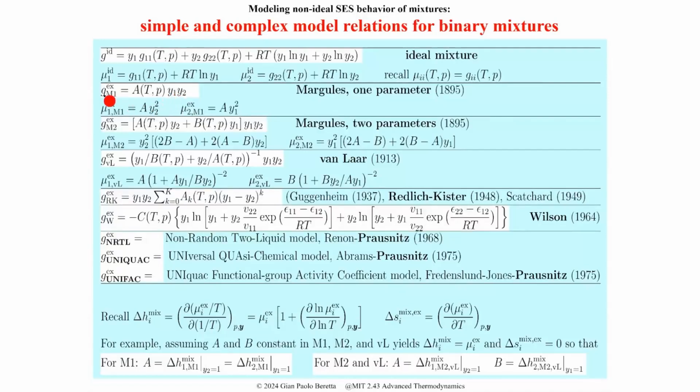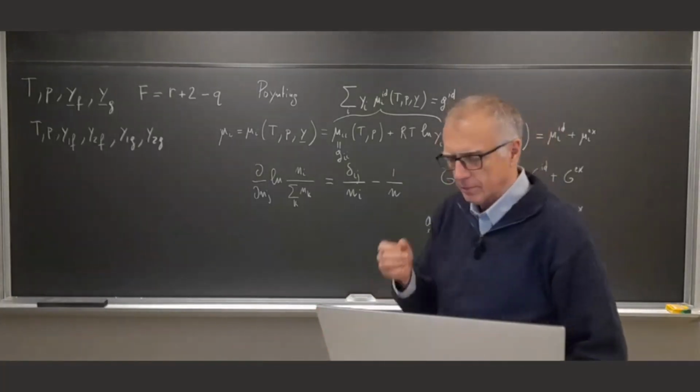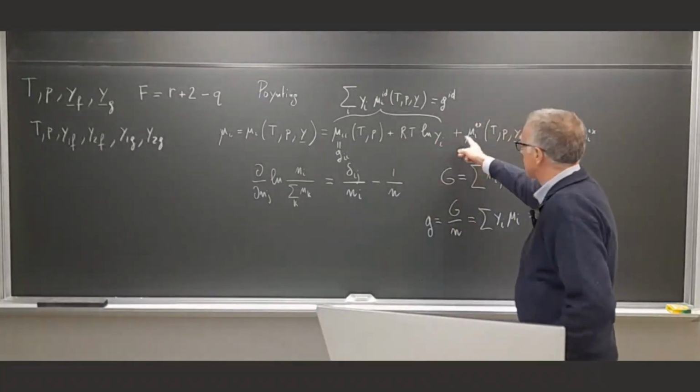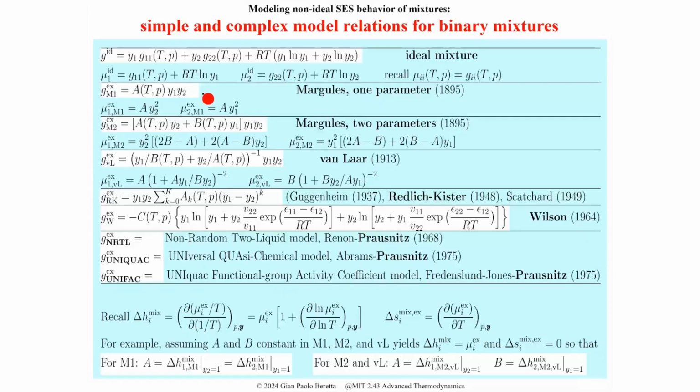And if you do the proper derivatives in order to obtain the excess chemical potential that derives from that, you find that the excess chemical potential of component 1 is equal to that constant A, constant in terms that it doesn't depend on composition, times the square of the mole fraction of the other component. And the same here.